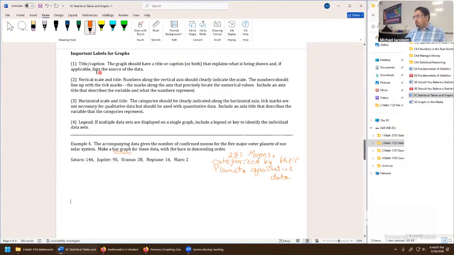The source of data, if applicable, they say, but here I don't have a data source, so here's what we're going to call this. This is just going to be the moons of 5 major outer planets. If you just said outer planets, that would be fine as well. I'll go for the brief title, moons of outer planets.